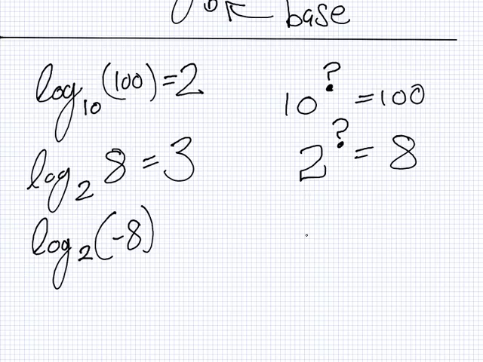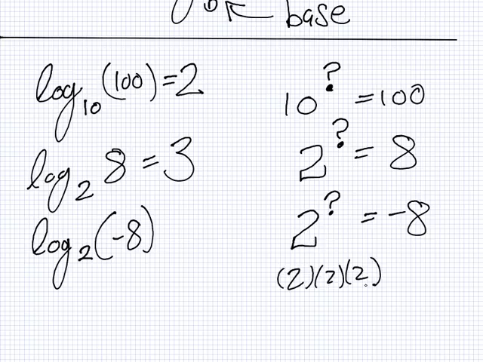And the reason for that is because we cannot think of a power that will make 2 become minus 8. It doesn't matter if the power is positive or negative. If we start with positive 2, we can't make this a negative, because remember, all we're doing when we have a power is we're just multiplying by 2. So if they're all positive to begin with, then how can I make a negative? I can't. Okay? So we cannot take logs of negative numbers. We can just take logs of positive numbers. What about actually... No, I'll get to it later, the zero case.